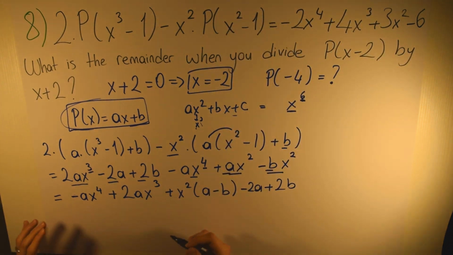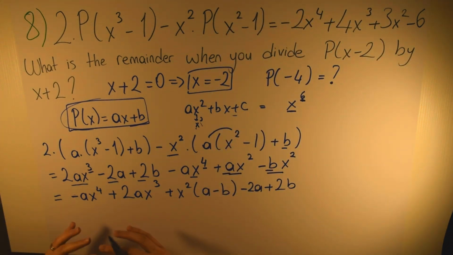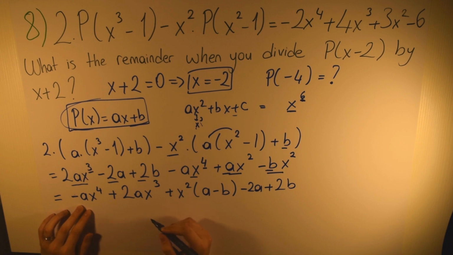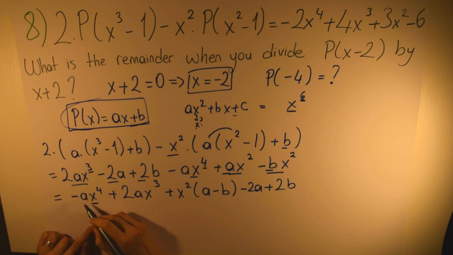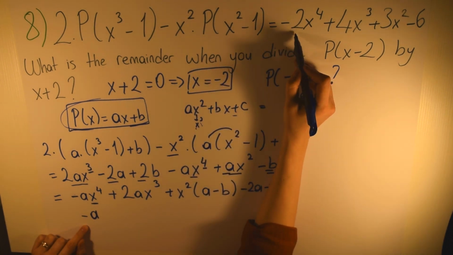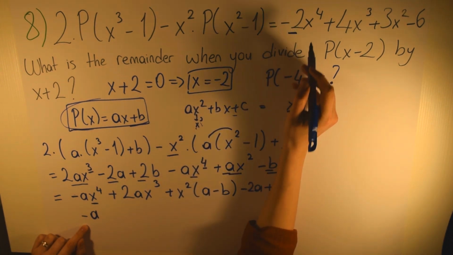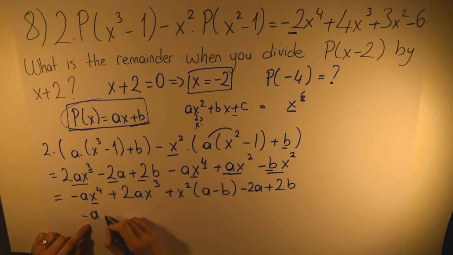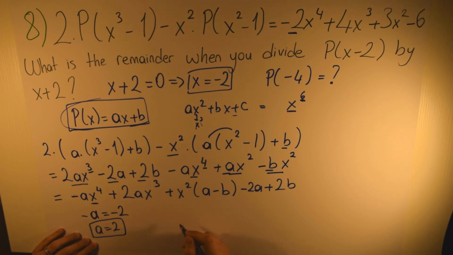So all I need to do is make them equal to each other. In front of x to the power of 4, we have minus a, and here we have minus 2, which means minus a is equal to minus 2. So a is equal to 2. To find b, let's do this one.